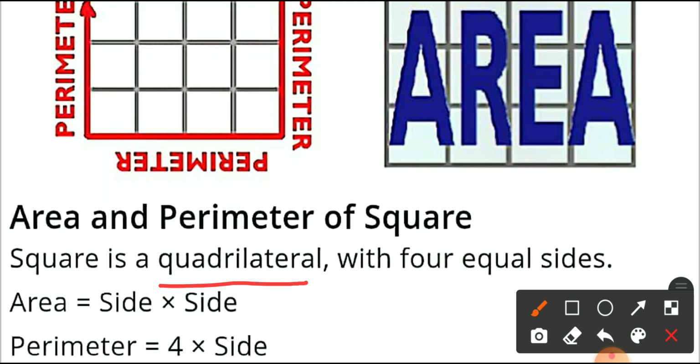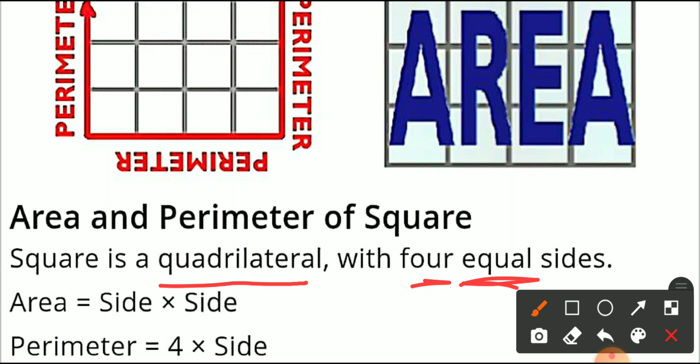Quad means four, so a four-sided figure is known as a quadrilateral. A square is a quadrilateral with four equal sides. That means all the sides of a square are equal.